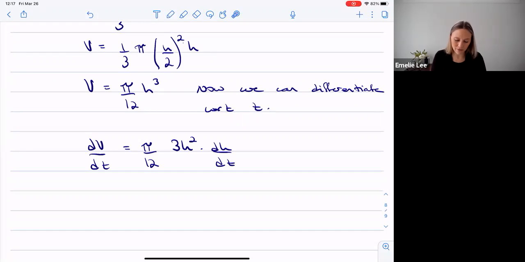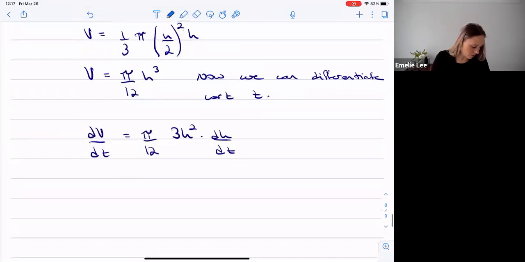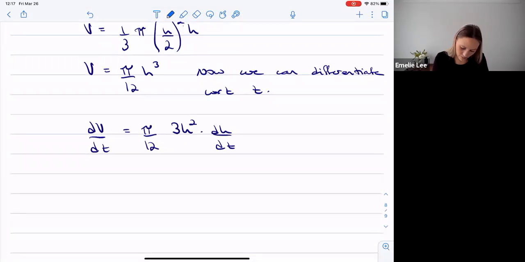But for me, we've already done that. So I would skip straight to here: dV/dt, then bump out your constants, and then differentiate your h with respect to t, remembering the derivative of the outside. So now, 3 over 12 is going to be 1 over 4. So let's do that, I guess.